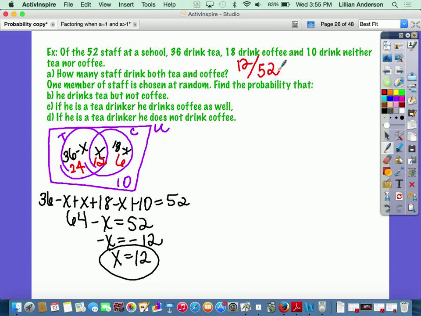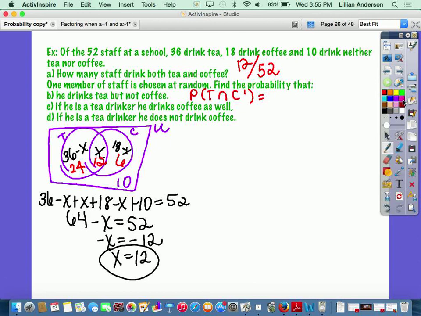It says one member of the staff is chosen at random. Find the probability that he drinks tea but not coffee. Okay? We're looking for the probability that he drinks tea and not coffee. So that's represented like so. Tea and not coffee. So where exactly is that in our Venn diagram?